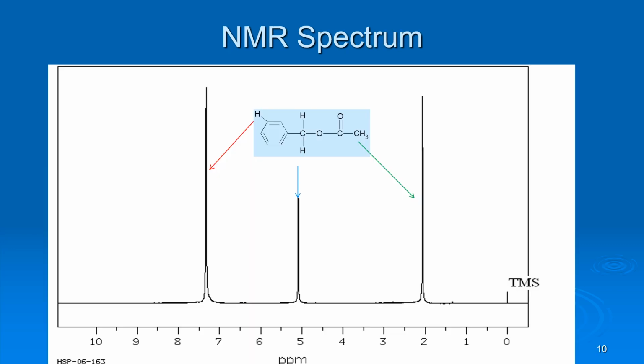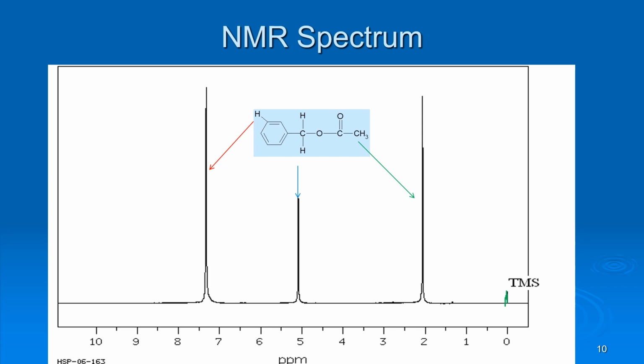So here's what an NMR spectrum looks like. Here, as you can see, is the molecule that we're looking at. And you can see here that this is the TMS, so that indicates the 0 marker. You can see here it's ppm on the x-axis. It usually starts at 0, you read it to the left, and it gets higher in ppm.